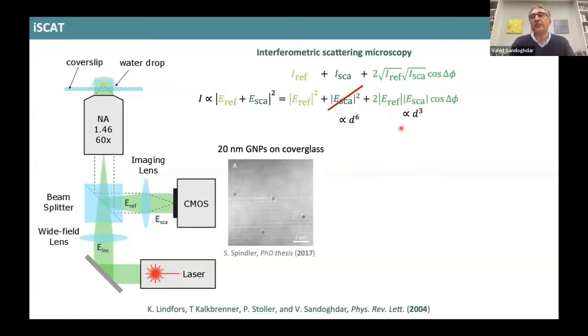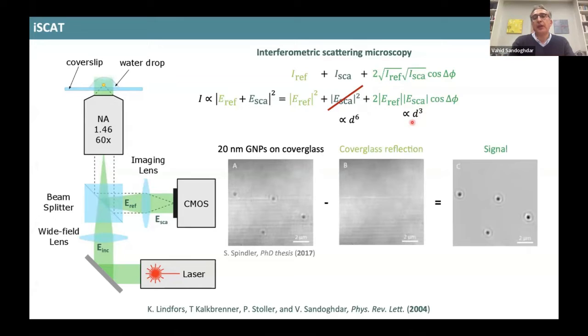And therefore it scales as the third power of the particle size. That means that now the difference between a certain particle and something that is twice larger is only a factor of 8 and not 64. So we're not going to be discriminating against the smaller particles as quickly as we were in dark field microscopy.